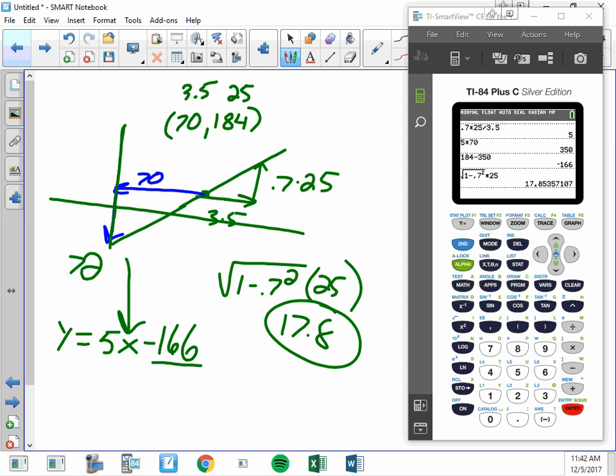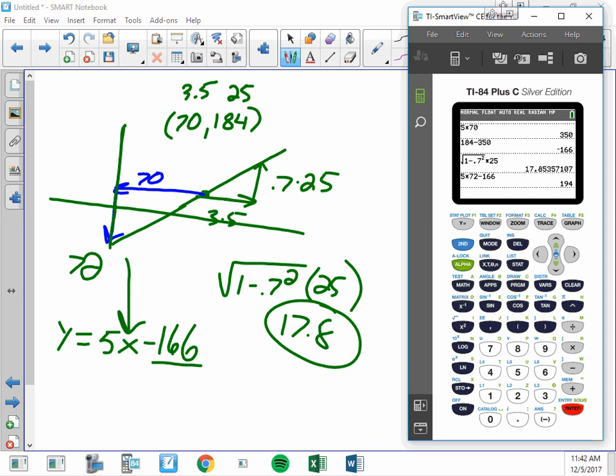The best prediction we have is to use the regression line. So 5 times 72 minus 166. So if the dad is 72 inches tall, we would guess that the son is 194 pounds. Is that going to be very accurate? 0.7 is really not too bad. So, maybe within 15 pounds or so, we would expect. No, within 17.8 pounds, right?